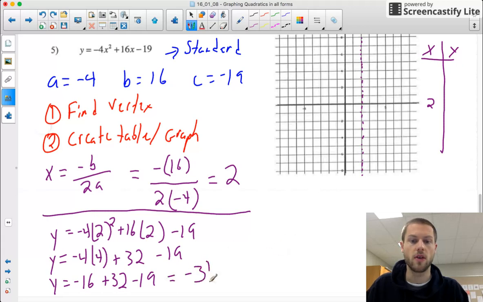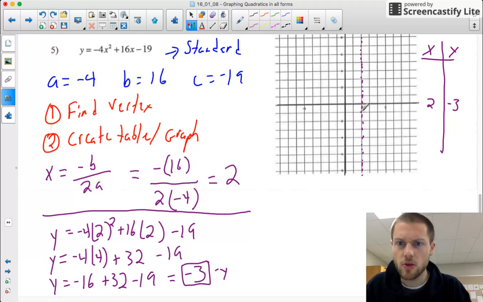So this is my y value of the vertex, and I can plug that into my table. I can plot this thing. That's 2, -3. It looks like I know one coordinate of my vertex.